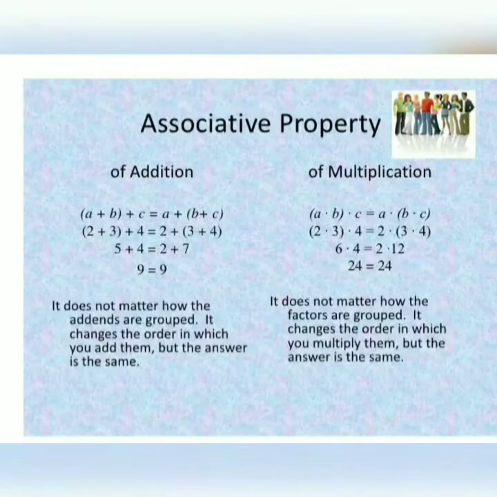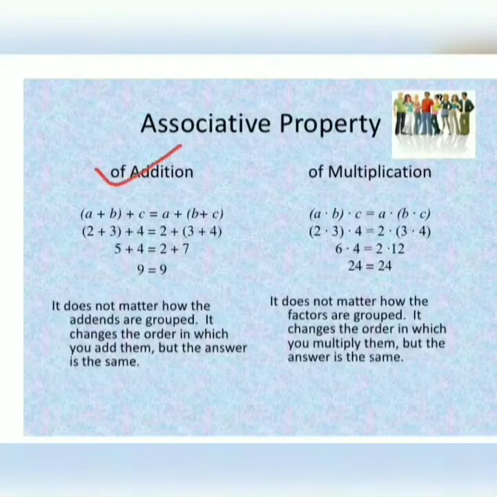Now let's have a look at the associative property of addition and multiplication. Firstly we will discuss the associative property of addition. Now if we have three rational numbers a, b and c, where the value of a is 2, b is 3 and c is 4.